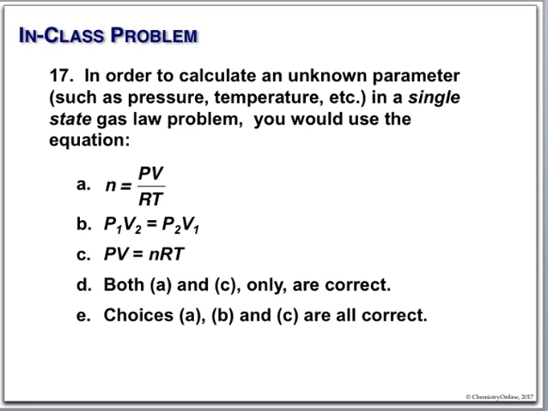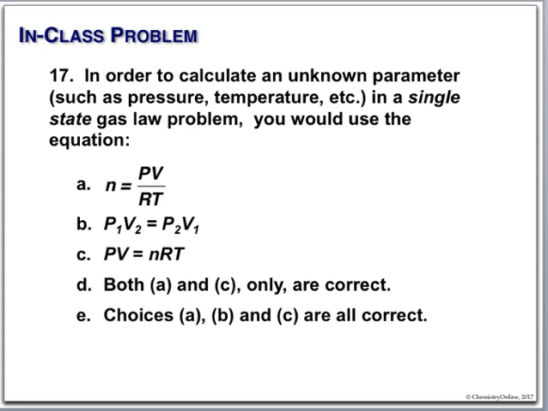So we're trying to figure out the one thing that's missing. What equation do we use? We had two ideal gas law situations. One was single state, and one was two state. Two-state, again, is when you change something and you try to figure out what happened to some parameter. Single state, you just have it sitting there and you're trying to figure out the unknown.